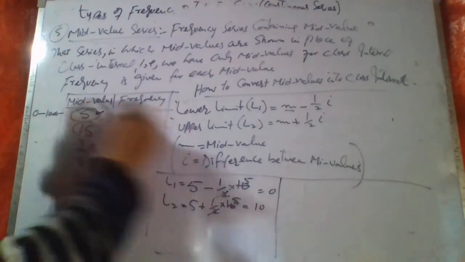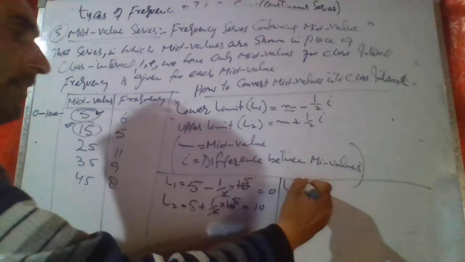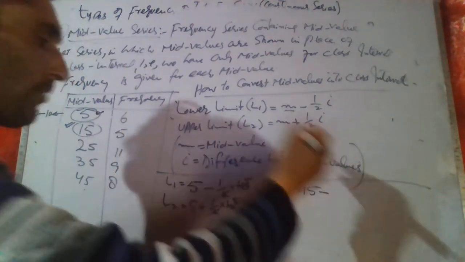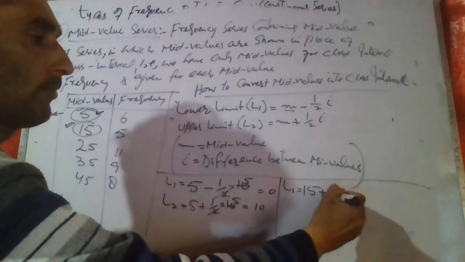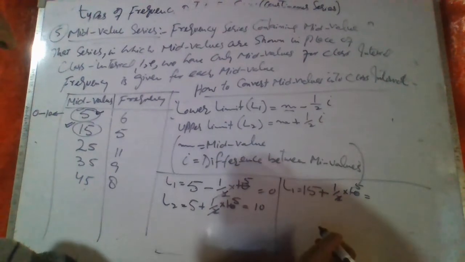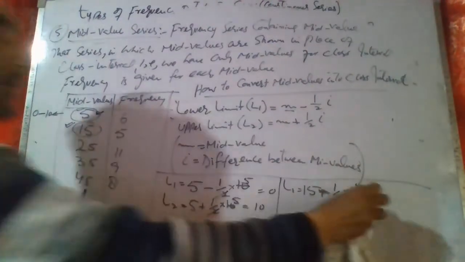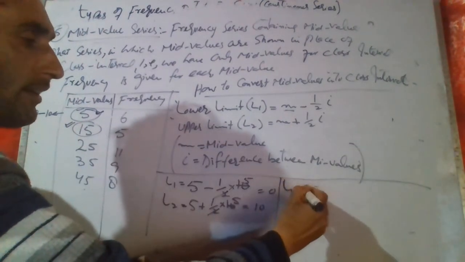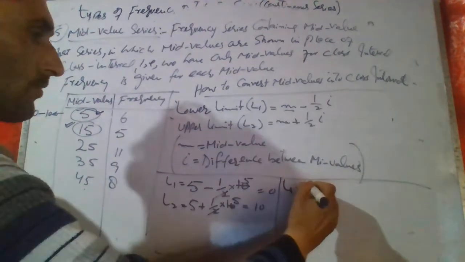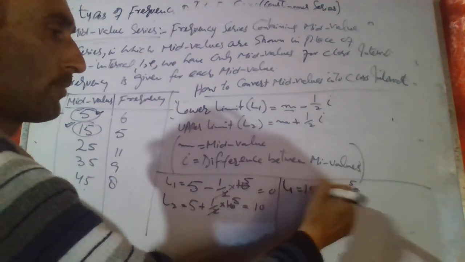Similarly, for the second one, 15, L1 is 15 minus 1/2 into 10, which is 15 minus 5, is 10.